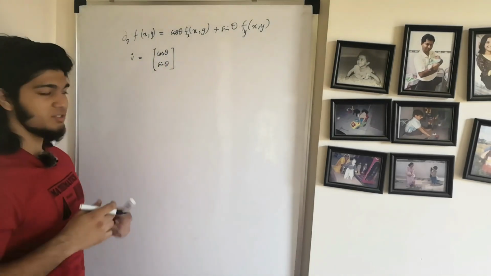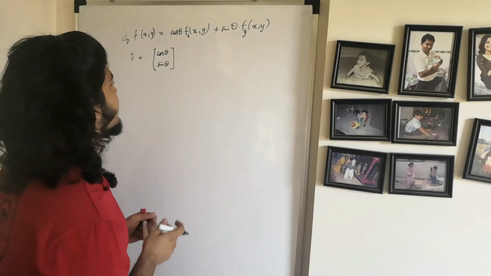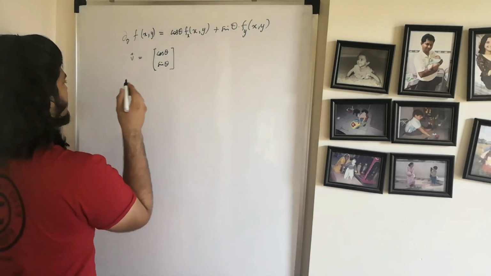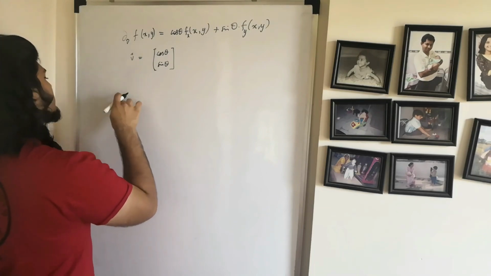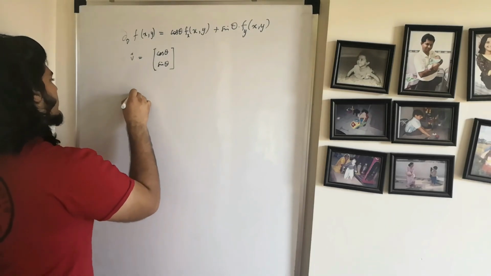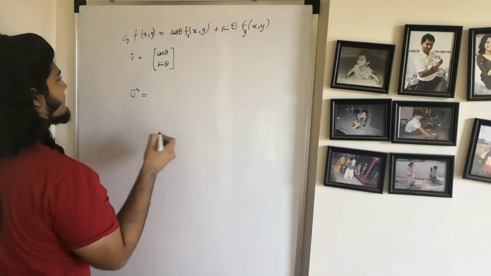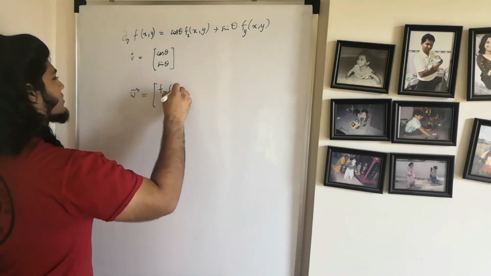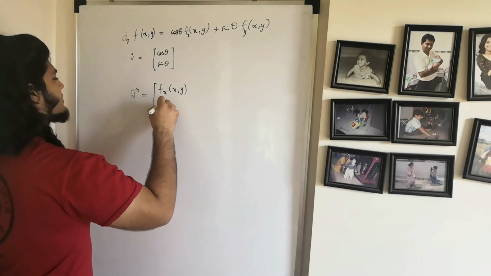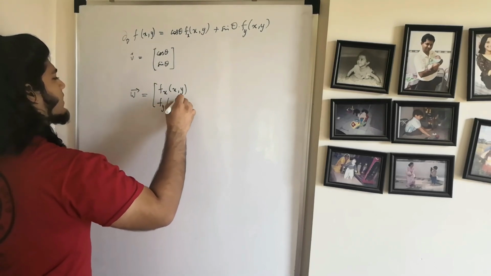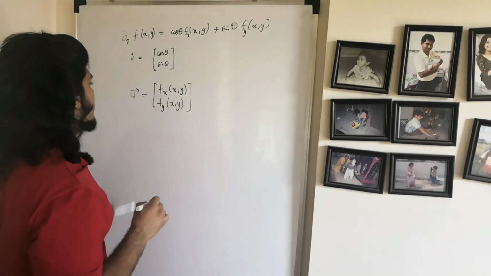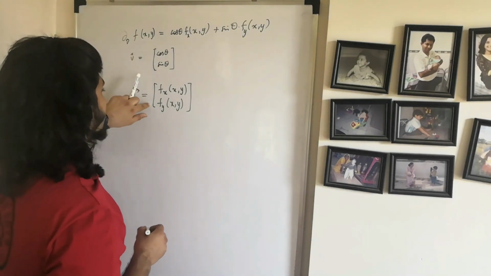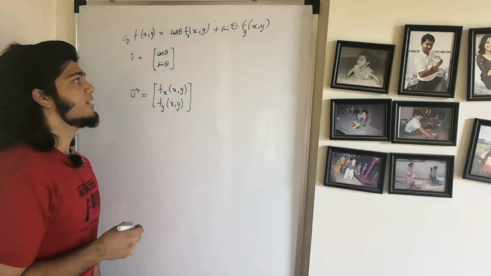And so we can make up a new vector, and this is called the gradient vector. Let's denote it with, I don't know, w vector, let's say. So let w vector equal f sub x of x comma y and f sub y of x comma y. So the x component is the partial derivative in x, and the y component is the partial derivative in y.